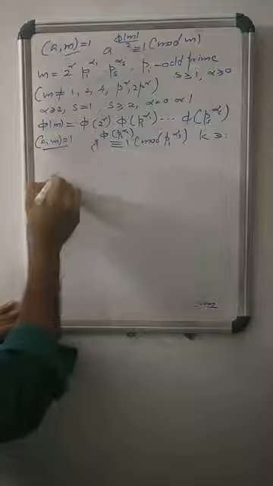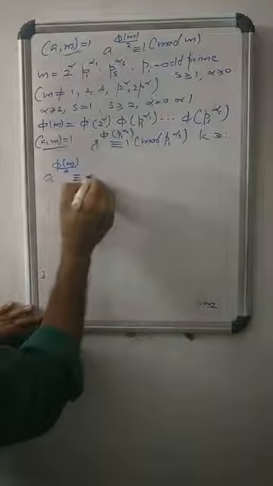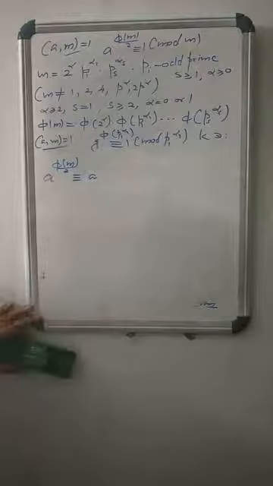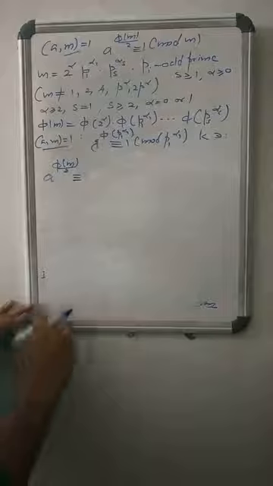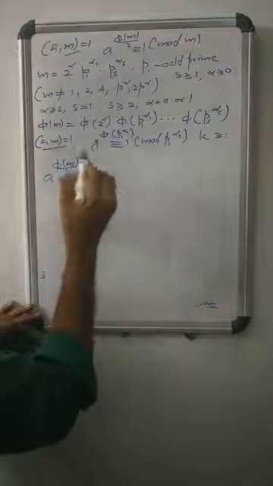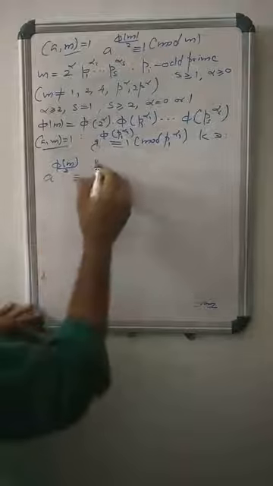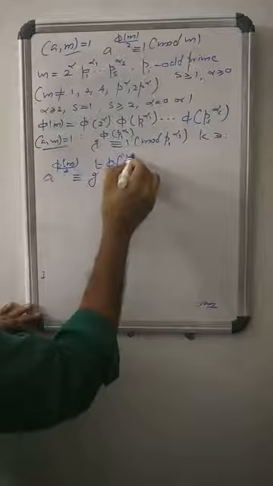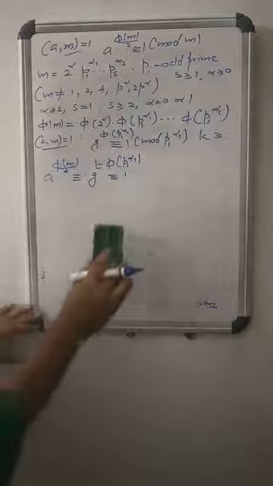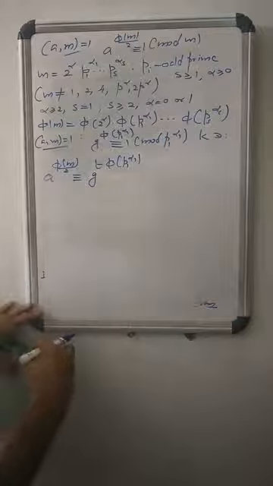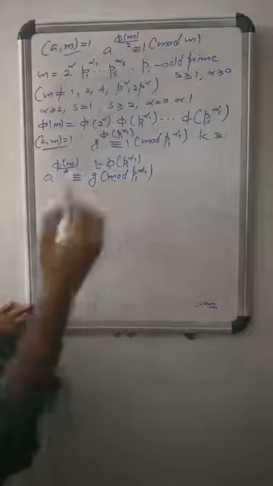What is phi of m by 2? It is t into phi of p1 power alpha 1. So a power phi of m by 2 is congruent to g power t into phi of p1 power alpha 1 mod p1 power alpha 1.